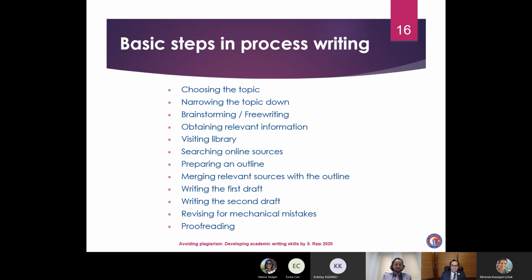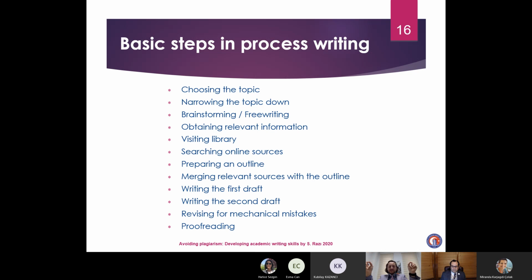Once we check the literature, we see that in process writing, it is expected to follow some basic common steps, for example, choosing the topic and then narrowing down the topic, brainstorming on it, visiting the library to find relevant sources, searching on the internet, preparing the outline, and then writing the drafts, submitting the drafts, exchanging peer feedback, proofreading, and then the final version. So what happens here?